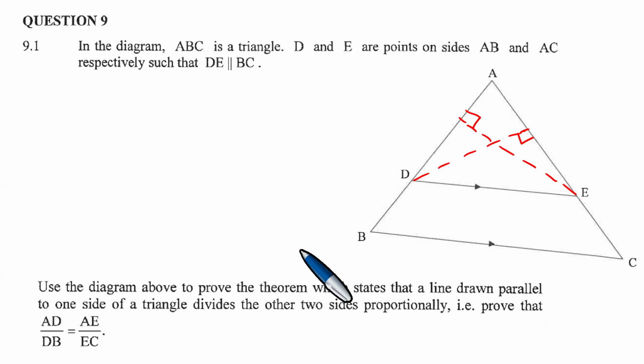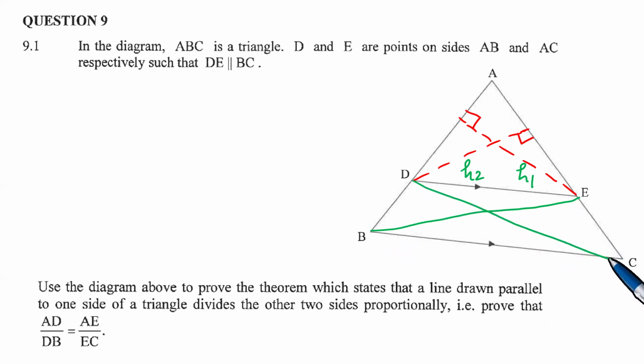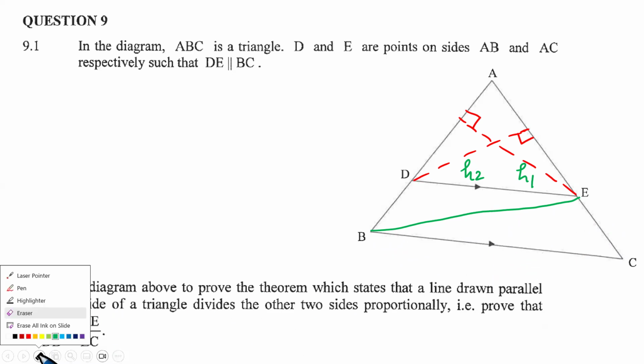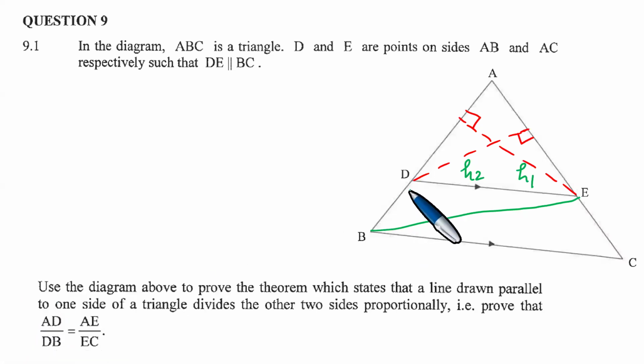So that in the end, what you have here is H2 and H1, and then you perform a construction like this, and another construction like this.